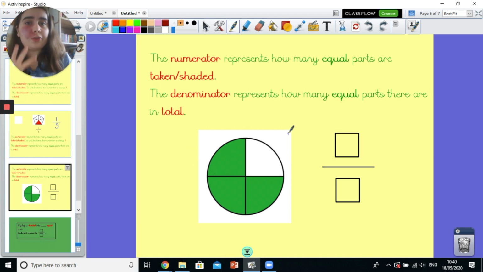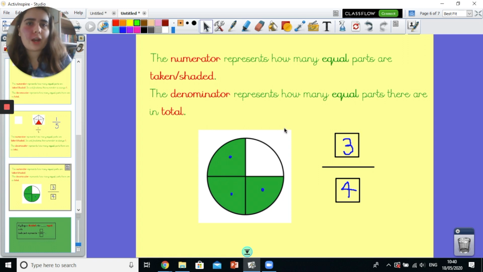It's been divided into 4 equal parts, so we know our denominator is going to be 4. Now how many parts have been shaded or taken from the fraction? We've got 3 parts shaded here in green. 1, 2, 3. So our numerator, our top number, is going to be 3. Okay?